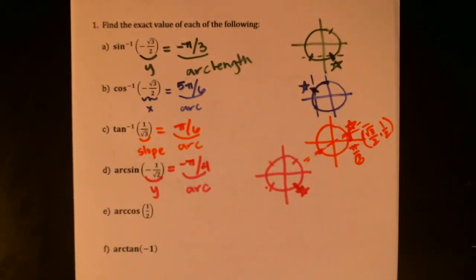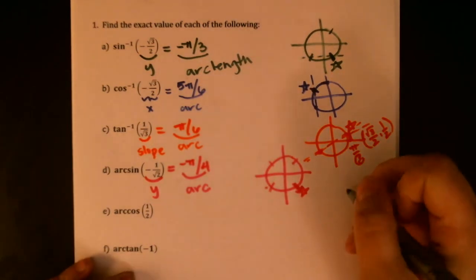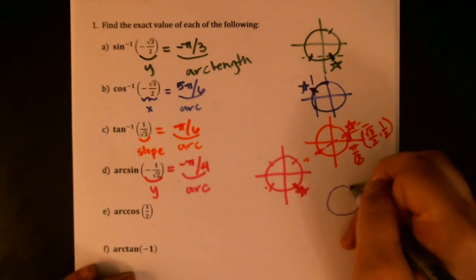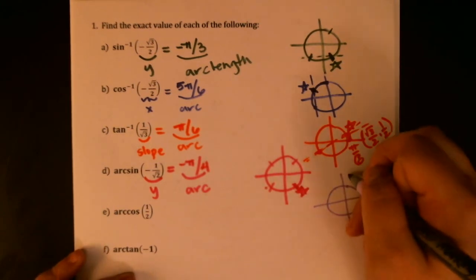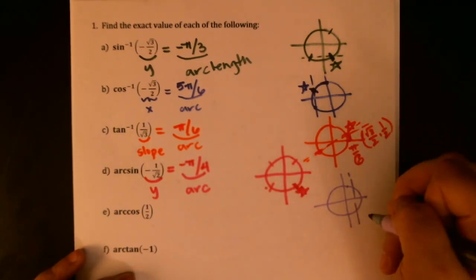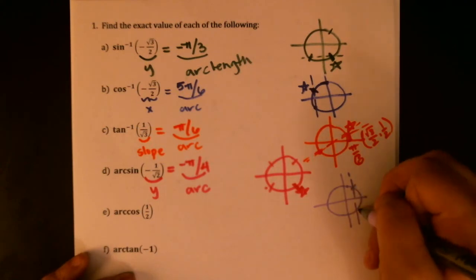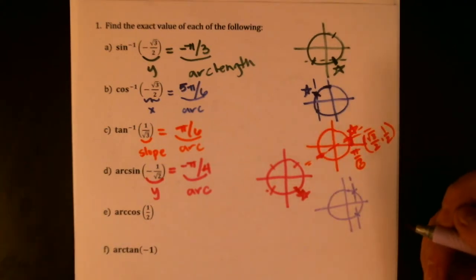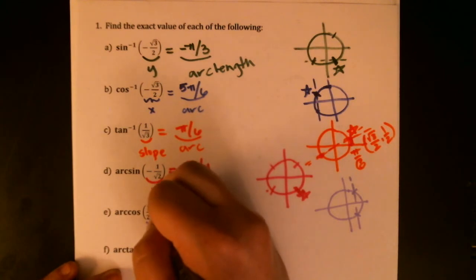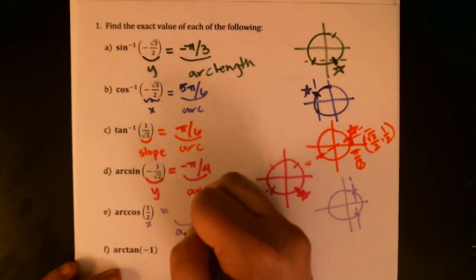Okay, couple more. Let's see. Arc cosine of 1/2. So now I'm saying my x coordinate is positive 1/2, which is going to put me either in quadrants 1 or 4. Arc cosine, okay, so again, this is my x, and I'm looking for my arc length.